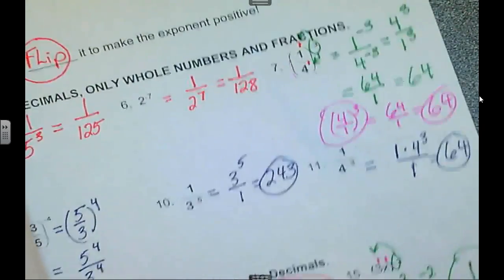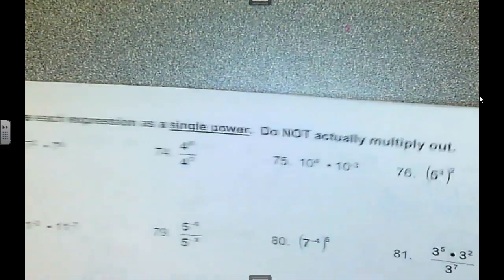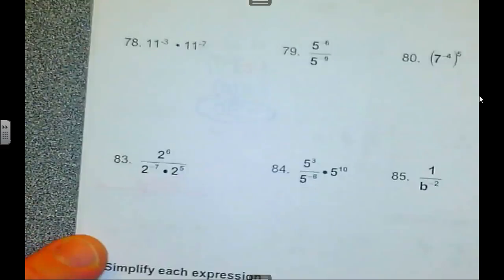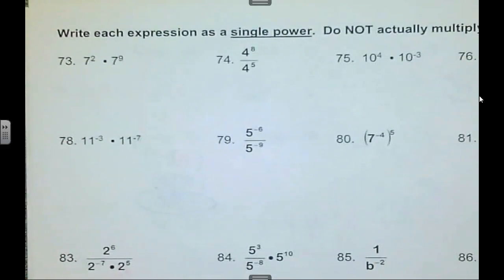Do you think you can do the rest of it? There are some pretty tricky ones here. Like I can solve number 96 right now. 73 through 87. You don't have to multiply these out, okay?